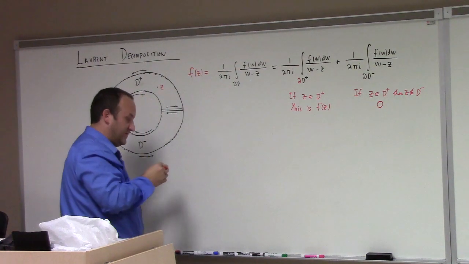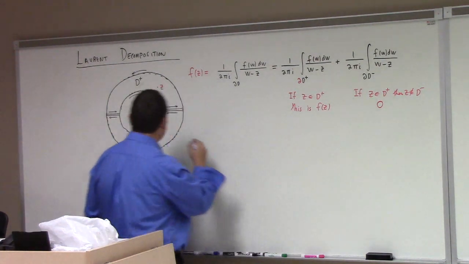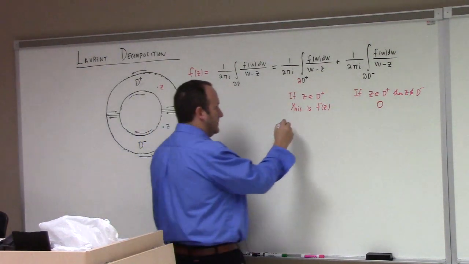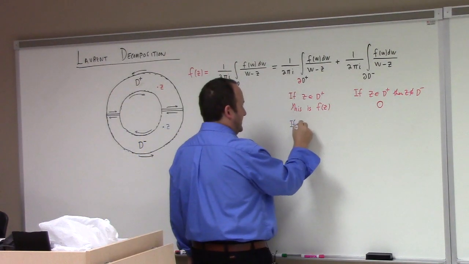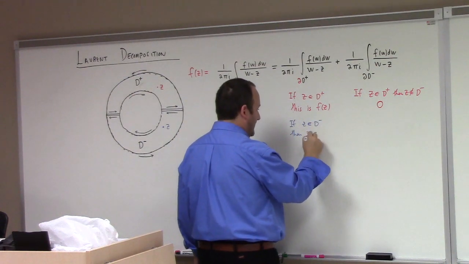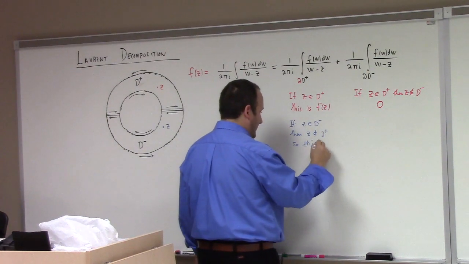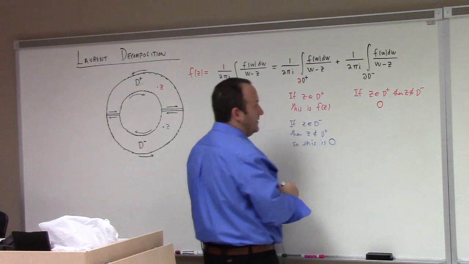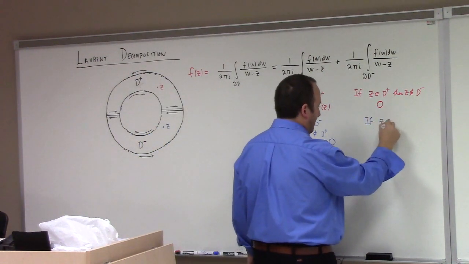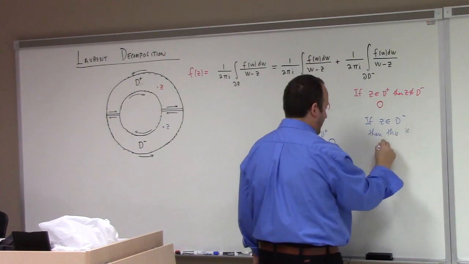What's the other case for z inside the annulus? It could be down here, right? It could be down there. So in that case, if z is in D minus, then z is not an element of D plus, so this is 0. On the other hand, that is f of z.